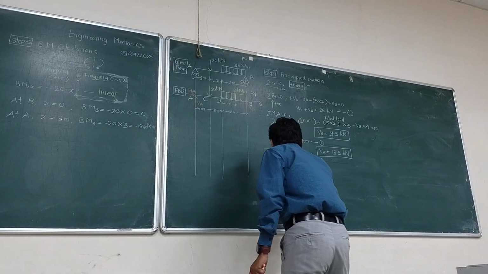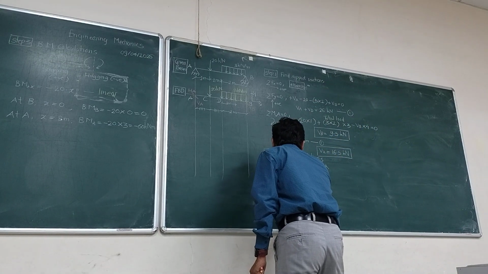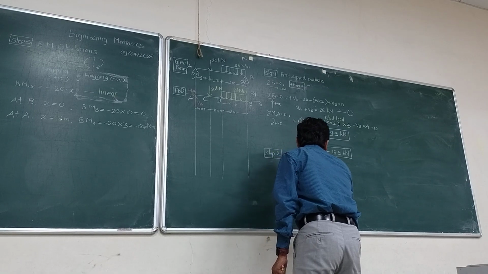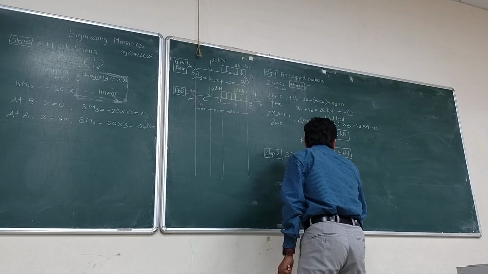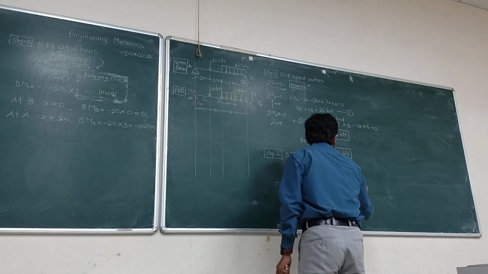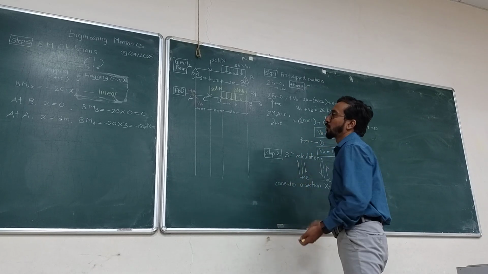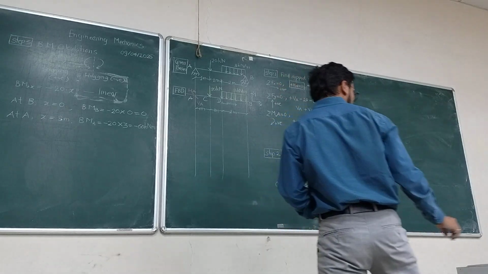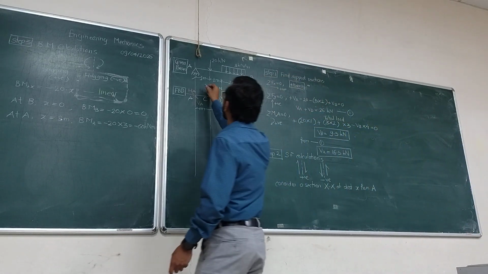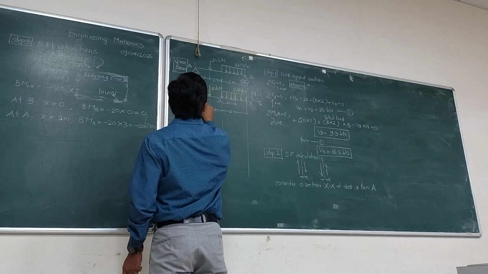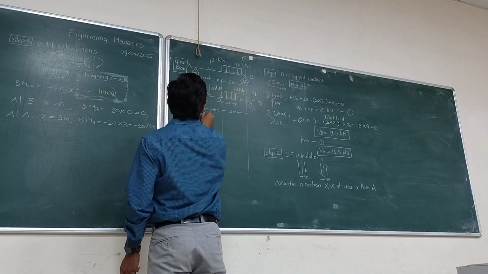So I'll write, consider a section capital XX at distance small x from A. So I'll take the distance from A. We'll draw the, this is distance x.